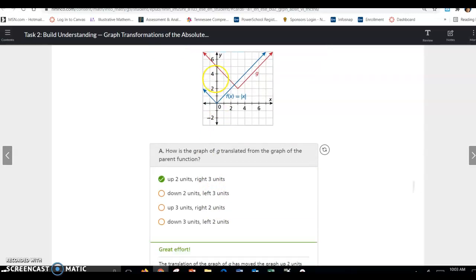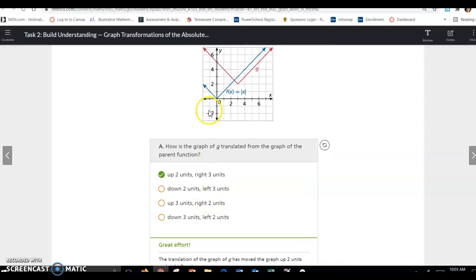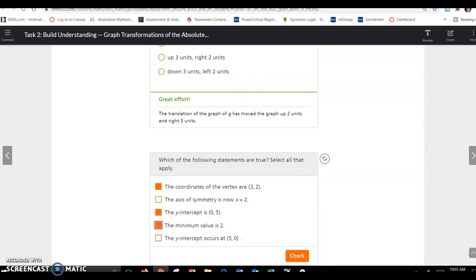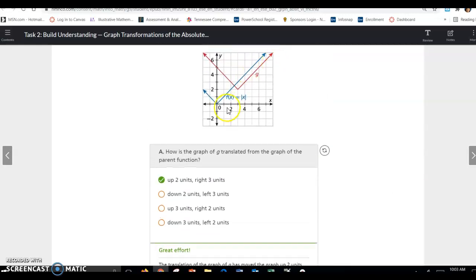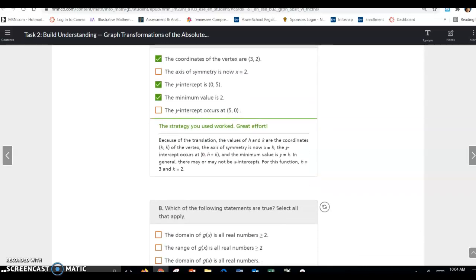That is the y-intercept, so that one is true. And the minimum value is 2. The minimum value is the lowest value, and that is 2. The y-intercept occurs at 5, 0. 5, 0 would be over 5, up 0, which is right there. So that's not true. It was at 0, 5, not 5, 0. So the last one is not true.